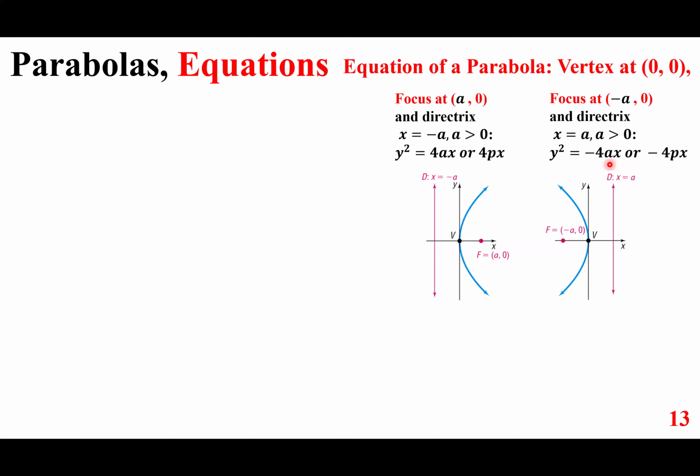This one, focus is at (minus a, 0) and directrix x equals a, y squared equals minus 4ax or minus 4px. Again, as far as the location of a focus and the equation for directrix is concerned, I will show you in a moment. I will draw first and then I'll figure it out.